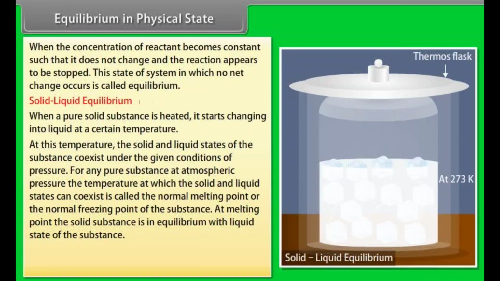This represents a dynamic equilibrium between ice and water, as there is no change in mass of ice and water, so the number of molecules going from ice into water is equal to the number of molecules going from water into ice. Thus, at the equilibrium, rate of melting is equal to rate of freezing.